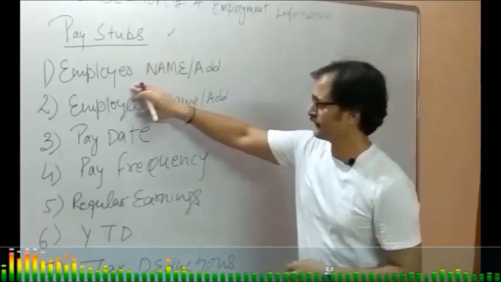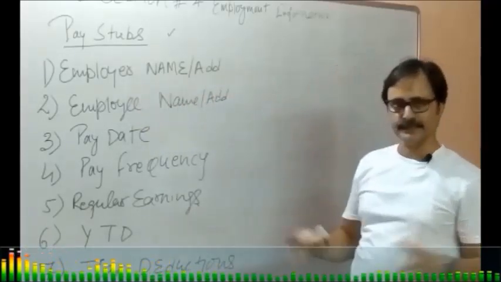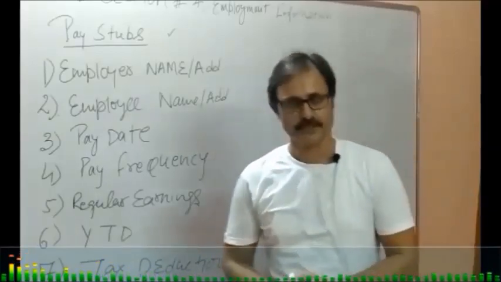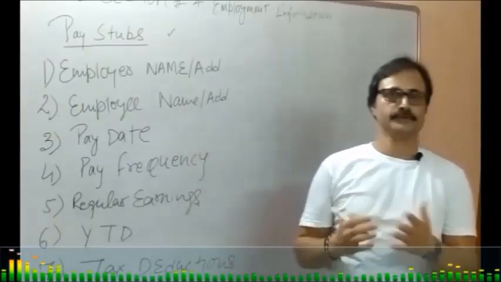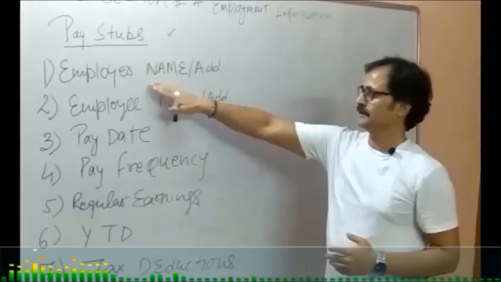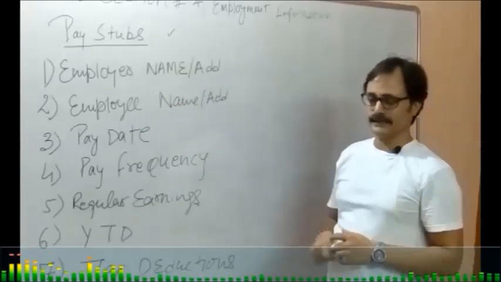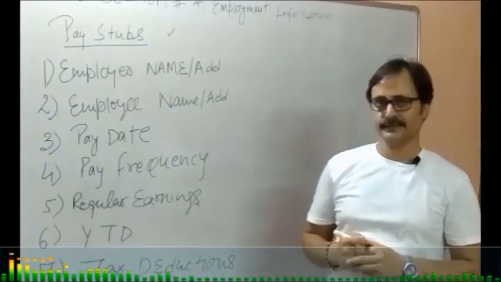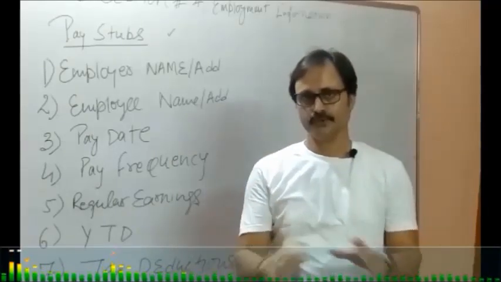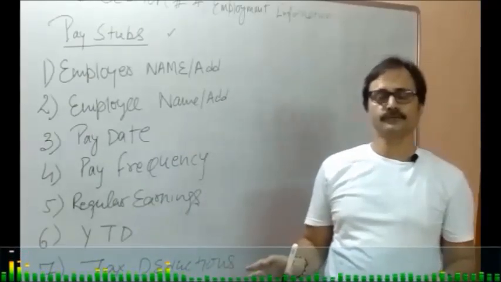Number 1 is employer name and address. For any pay stub or pay slip, the first thing we see is that it should have the employer name and address. Address is not mandatory, but the name should be there in complete form.